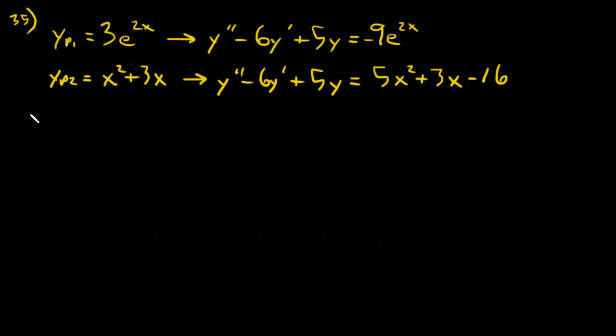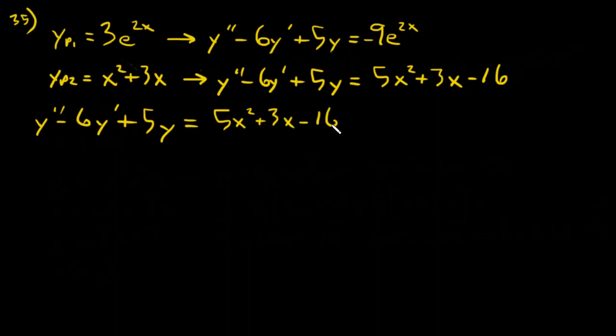So it wants us to find the particular solutions of y, this is the first one, y double prime minus 6y prime plus 5y equals, and if I can copy all this down, 5x squared plus 3x minus 16 minus 9e to the 2x. Okay? So, what particular solution corresponds to this?